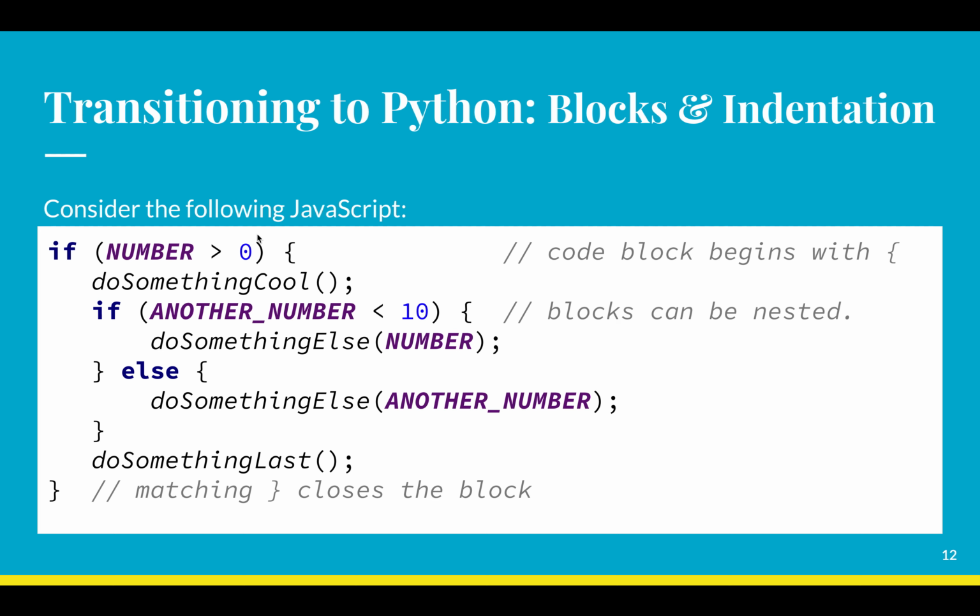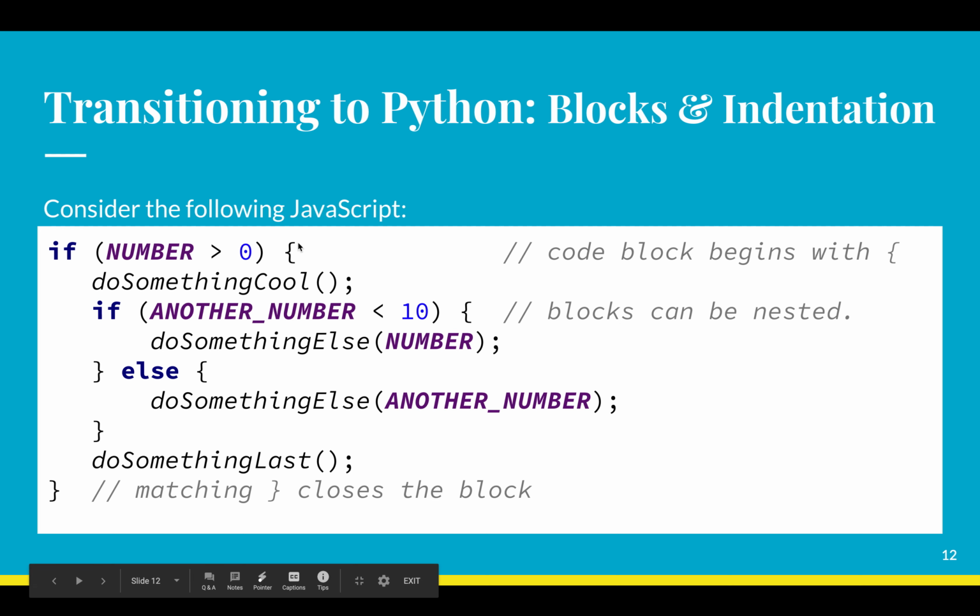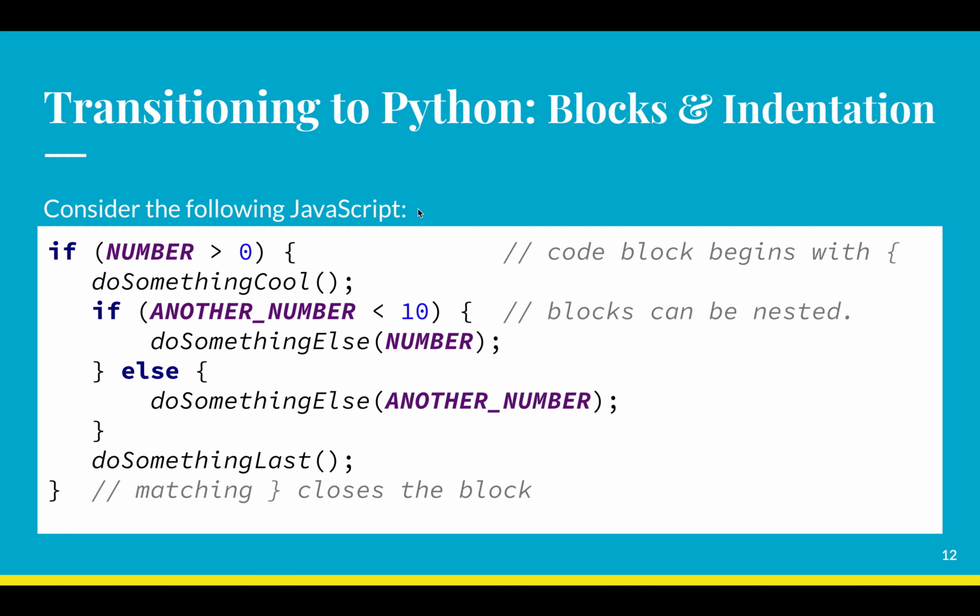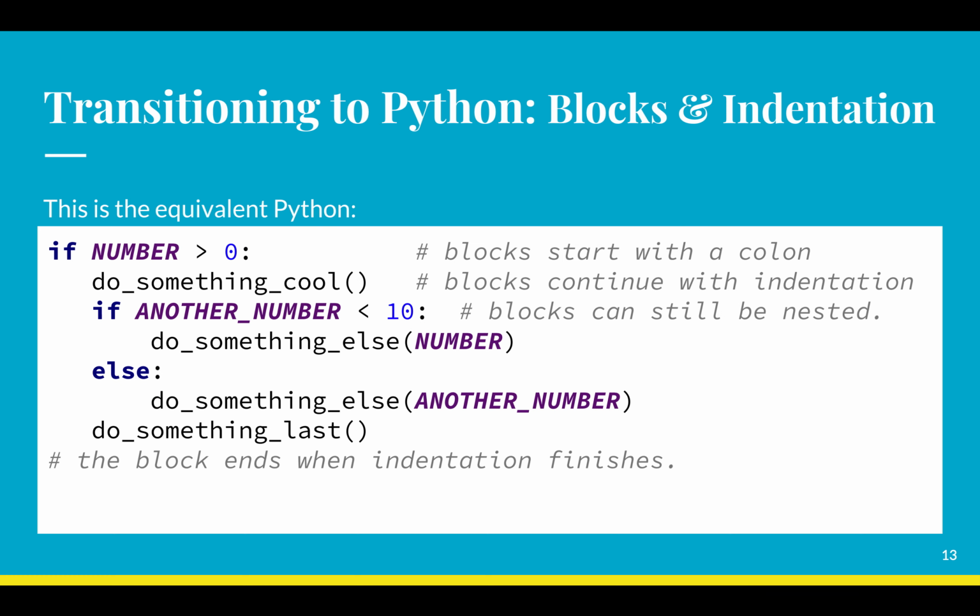In other words, JavaScript knows what blocks are nested and not nested because of the curly braces. Indentation is more of a visual thing that we use for ourselves rather than a necessity of the language. In Python, however, there are no squiggly braces. You'll notice that a block starts with a colon, and we use indentation as a way to know what's nested and what's not nested.